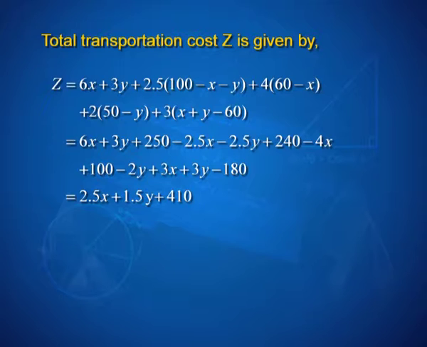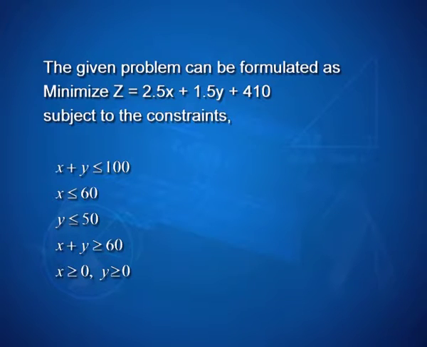And therefore, we are ready for formulating, listing down the entire problem: we want to minimize z, which is the transport cost, in this case 2.5 times x plus 1.5 times y plus 410, subject to the 6 constraints that we figured out, of which of course 2 are the non-negative restrictions.